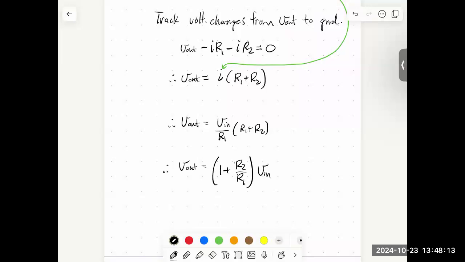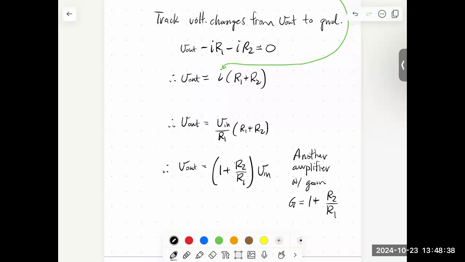This is another amplifier because our output is just a scaled version of the input. So this is another amplifier with a gain G is 1 plus R2 over R1.